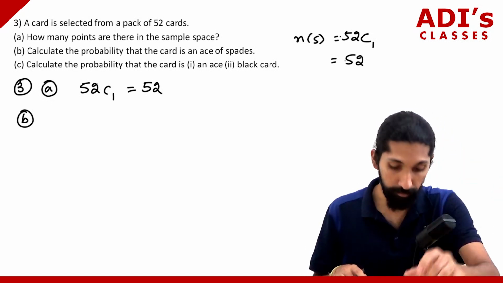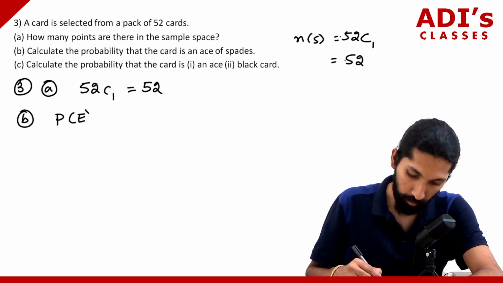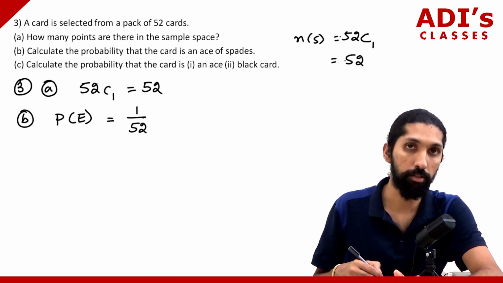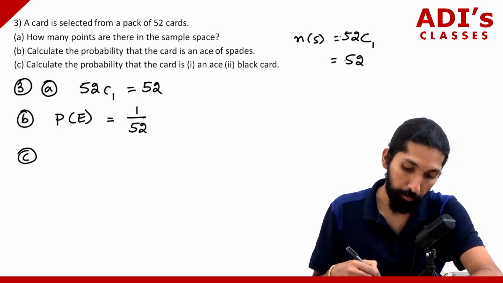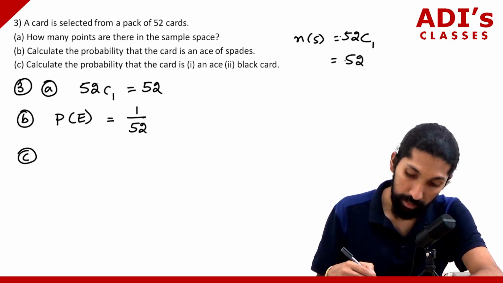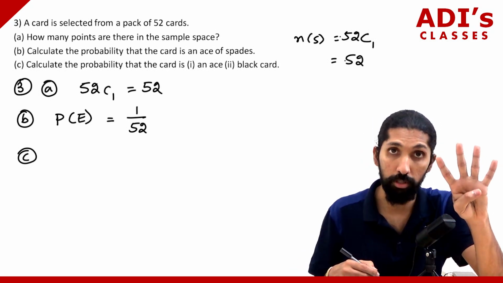That's all. So we have probability P of E is equal to 1 out of 52. That's all. All right. Next, the third one. Calculate the probability that the card is an ace and a black card. Okay, like I told, there are 4 suits, correct?